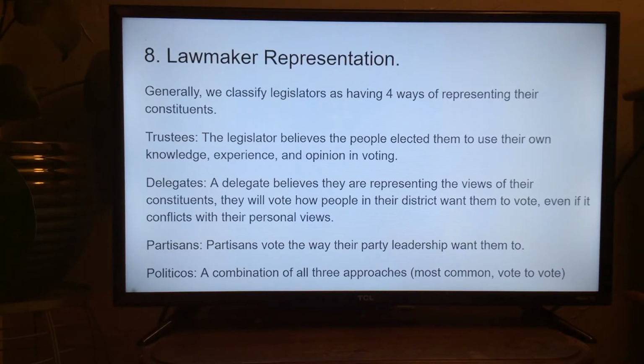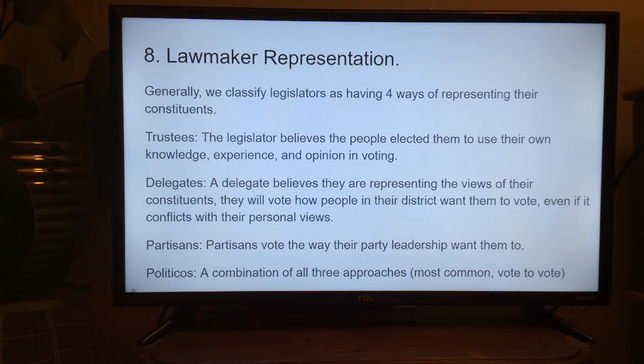I don't think many people actually run for the House or Senate thinking, oh yeah, I'm just going to be a partisan lackey. And if I'm a Democrat, I'm going to vote the Democrat side 100% of the time, and if I'm a Republican, I'm going to vote the Republican side 100% of the time. Oftentimes it works out that way for two main reasons. One, if you run as a Democrat, it's usually because your own views align pretty well with those of your fellow Democrats.